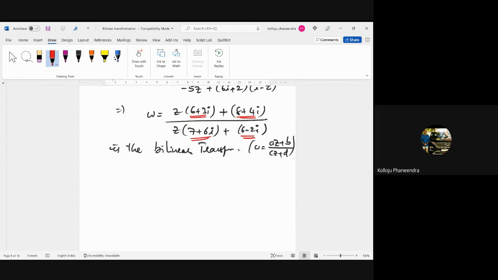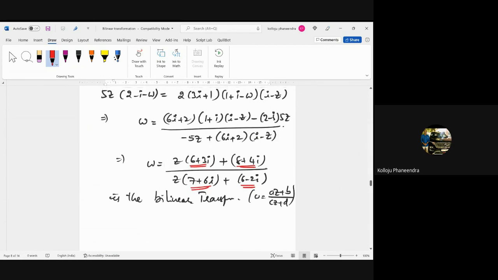Let me try to check. That's it, enough. I have to give some more problems. Okay, I will solve some more problems and I will put a PDF for you. This is about bilinear transformation.